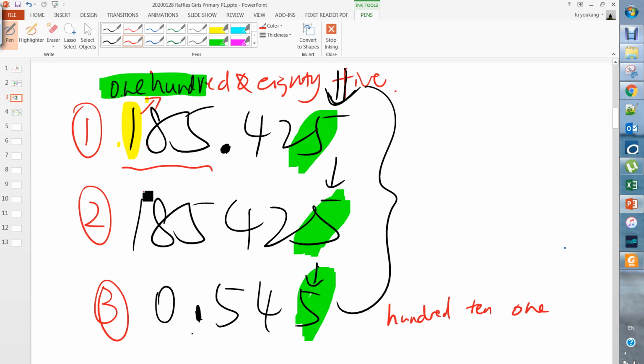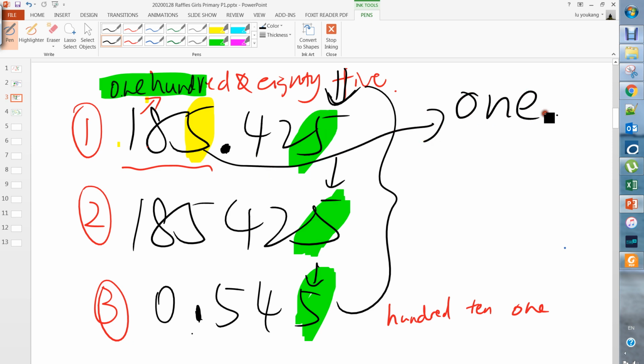Match. 5. Which 5? This 5 or this 5? The 185, that 5. Very good. So that means you have located the 1 position. So this 5 is the 1 position.